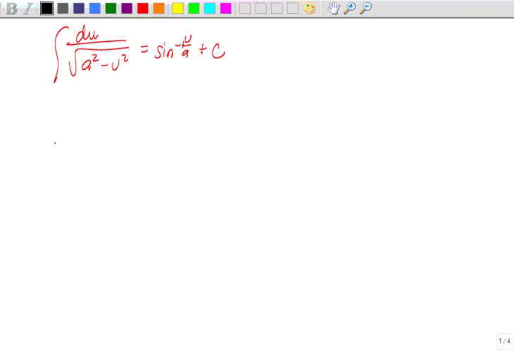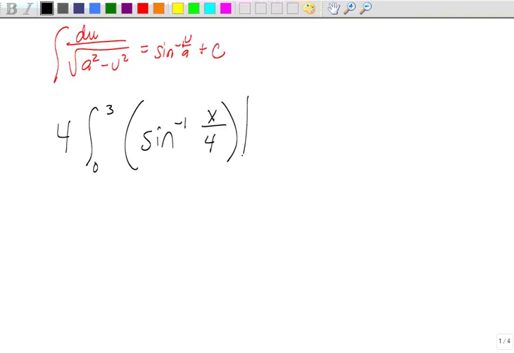So here, this integral is going to be 4, 0 to 3, that's going to be sine inverse x over 4 from 0 to 2.